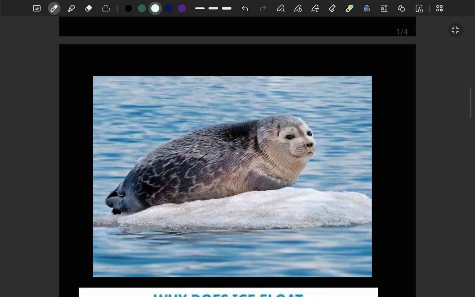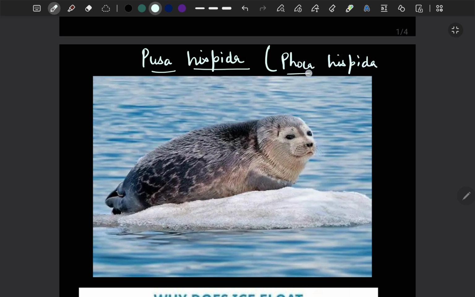Okay. Now, you can see a beautiful organism here, Pusa hispida. Its old name was Phoca hispida. Now the new name is Pusa hispida.